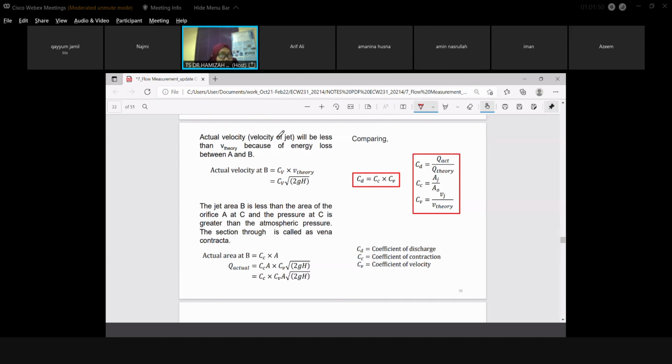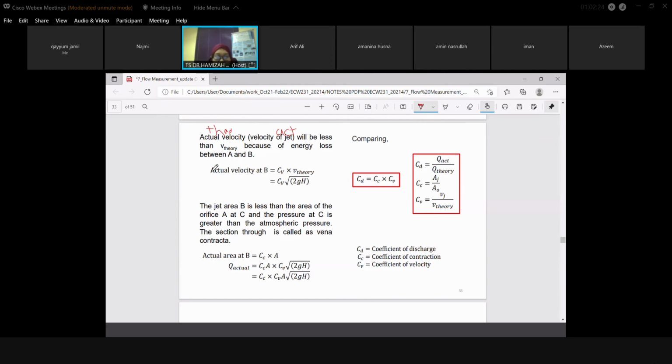Velocity of the jet ialah actual. Velocity of the orifice ialah theory. Okay, so you can see here. Q actual dengan Q theory sebenarnya adalah Q jet and Q orifice.